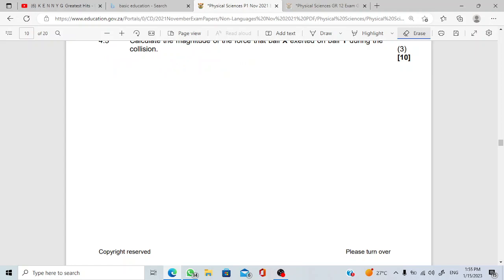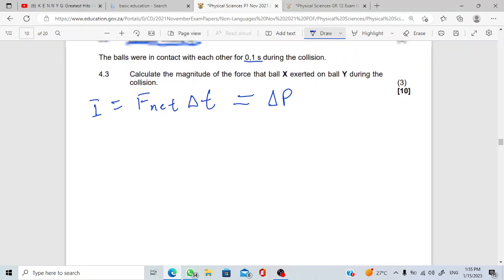So impulse, which has a symbol of I, we know that it's equal to F net delta T. But we both know that F net delta T is the same as change in momentum.